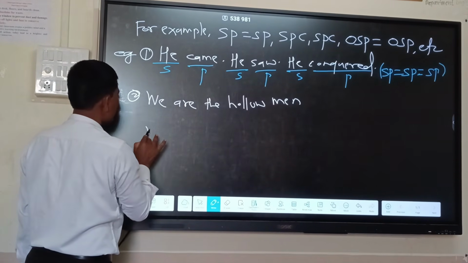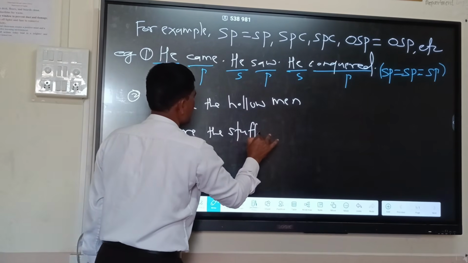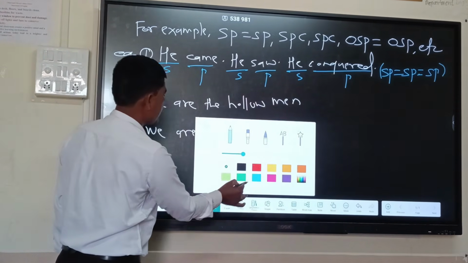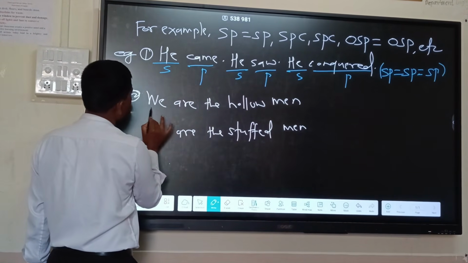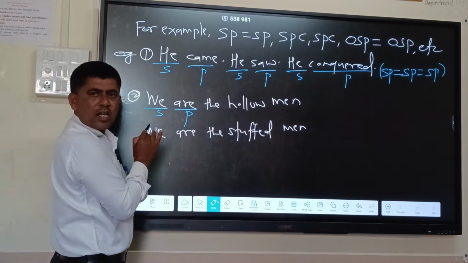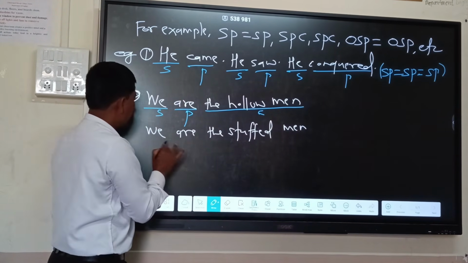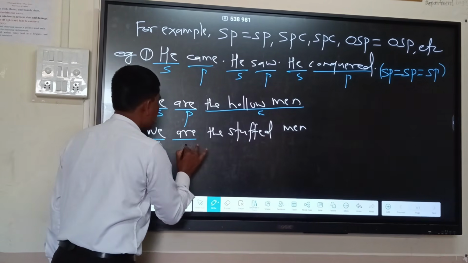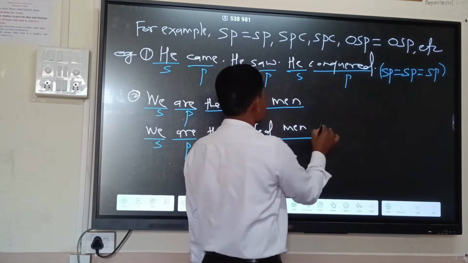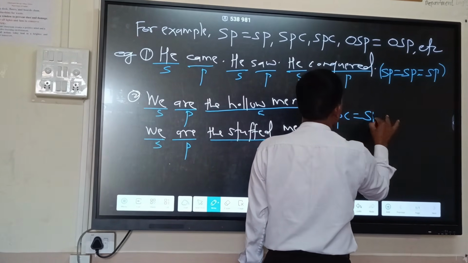We are the hollow men, we are the stupid men. Here we is the subject, are is the predicate and the hollow men is the complement. Again, we is the subject, are is the predicate and the stupid men is the complement. So we have the construction SPC. Very good. SPC is equal to SPC.